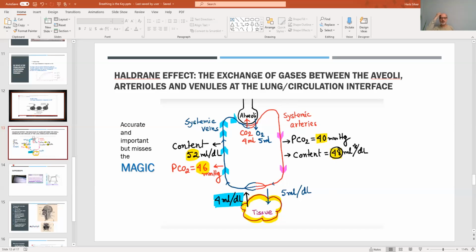I know that when I started using a capnograph, my resting CO2 levels were around 27, 28 millimeters of mercury. And people go into anxiety at 25 millimeters of mercury. So mine were pretty low, and that hasn't been too different from any of the patients that I see.